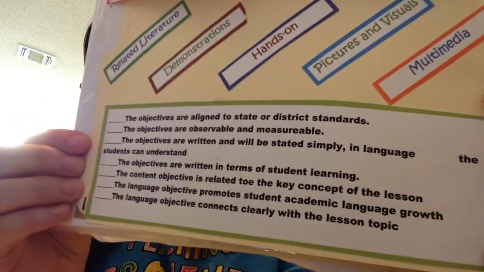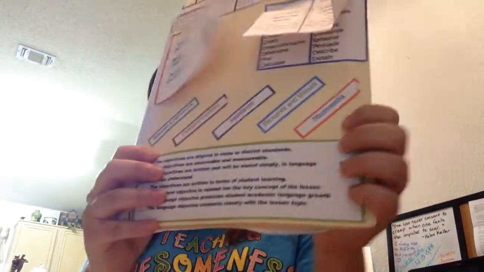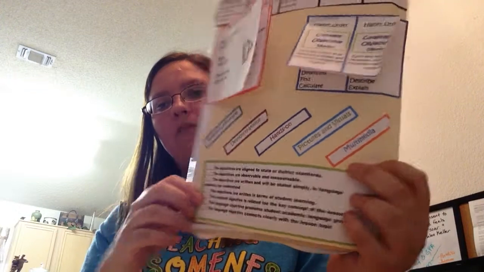Then down here we have this green box, and that's a checklist. As I'm creating my lesson, I want to make sure that these things are considered and implemented in the content and language objectives in my lesson. So that's what that's for. I wouldn't actually check it off, but mentally, oh okay, I did that.